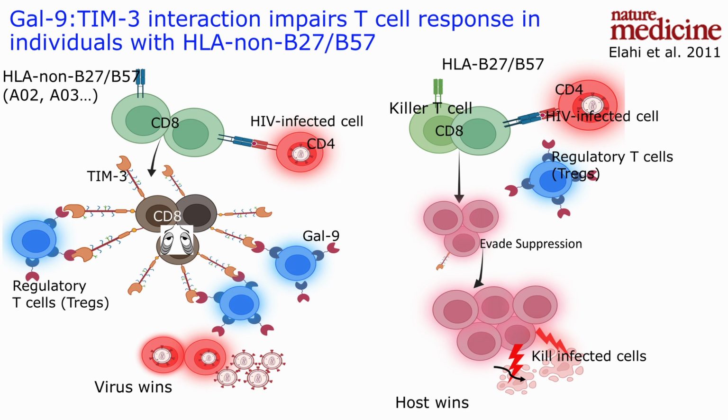Another interesting thing that I observed is that these CD8 T cells not only do not get suppressed, but they fight back and they kill Tregs. This was very fascinating. Because they don't get suppressed, they proliferate, they expand, and they kill infected cells. In this scenario, the host wins.